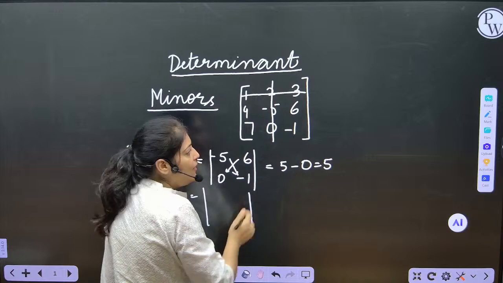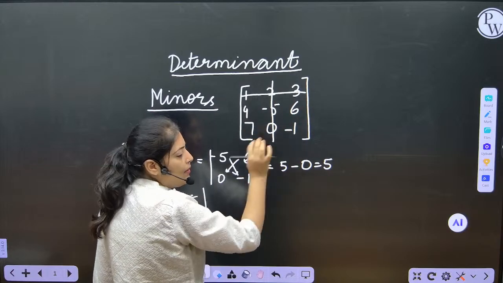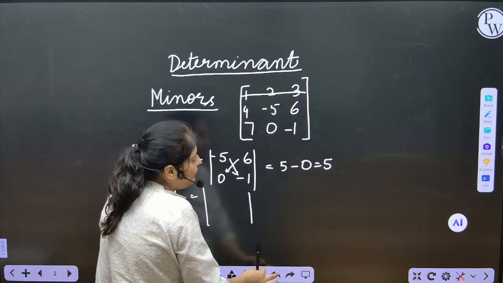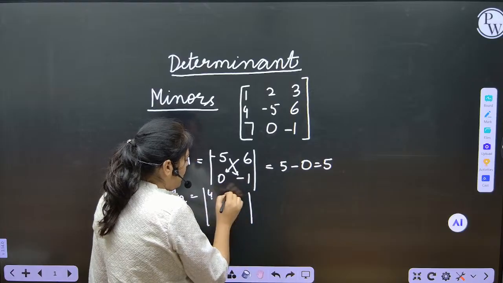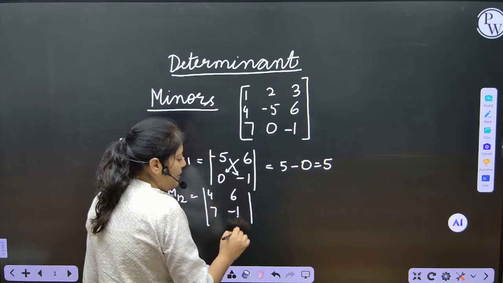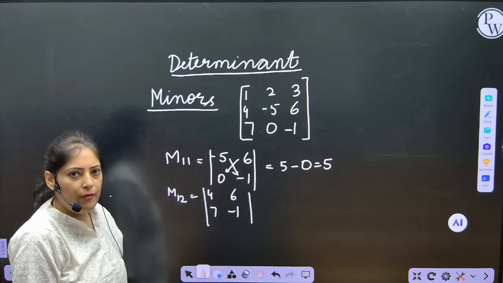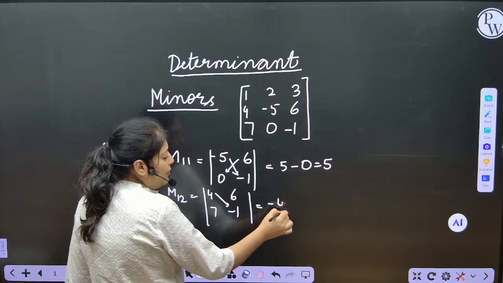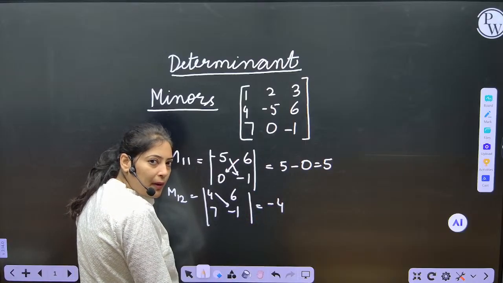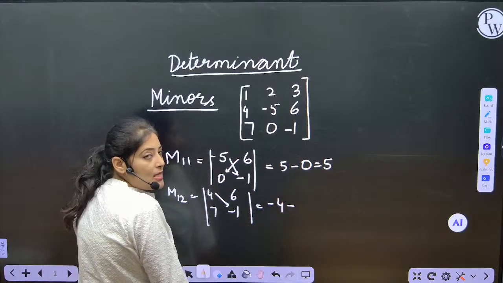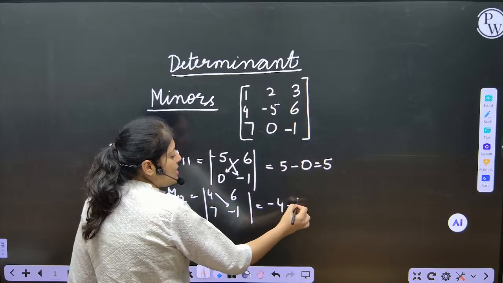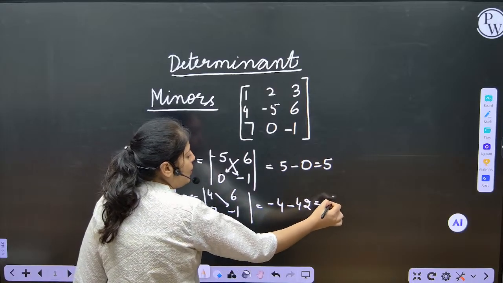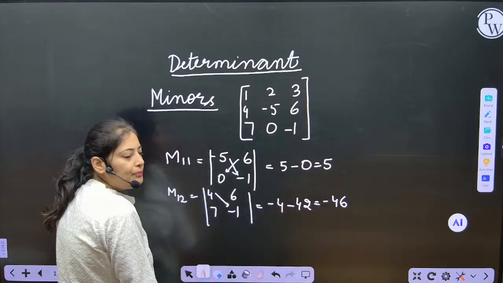Which numbers are left? 4, 6, 7 and minus 1. These numbers were left. Find its determinant. 4 minus 1s, minus 4. Minus sign. 6 sevens are 42. So it will come out to be minus of 46.